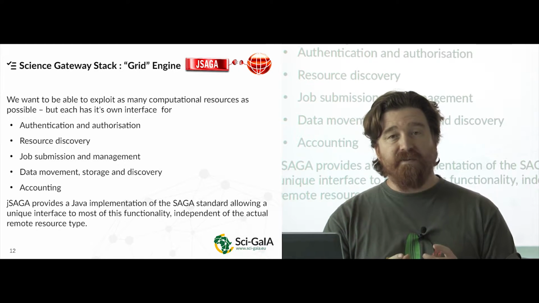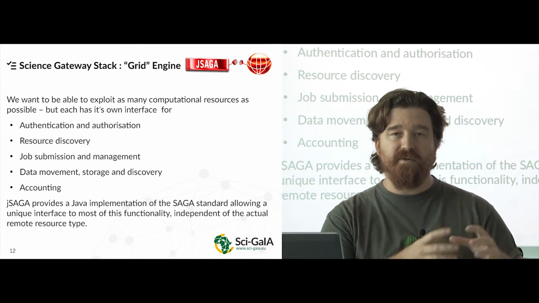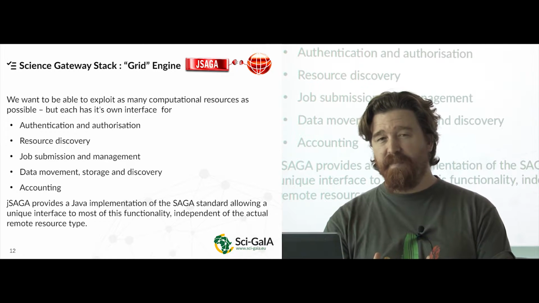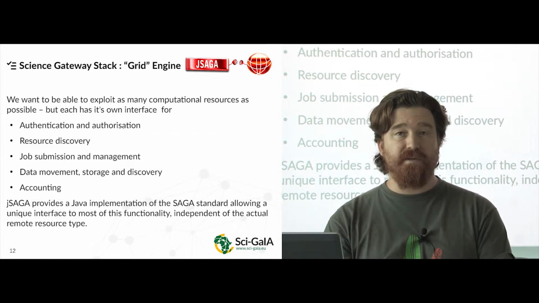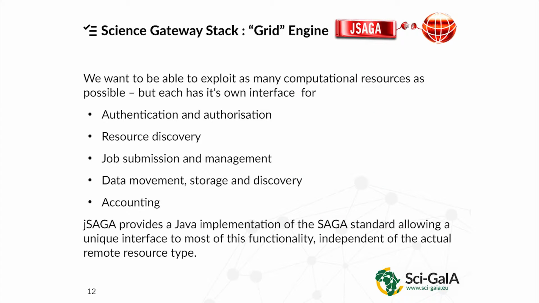You can just write the piece of code that says submit job, and J-Saga will translate that into whatever the target infrastructure needs. So that's very powerful, and it allows you to abstract away all of the technical details of the computing infrastructure.